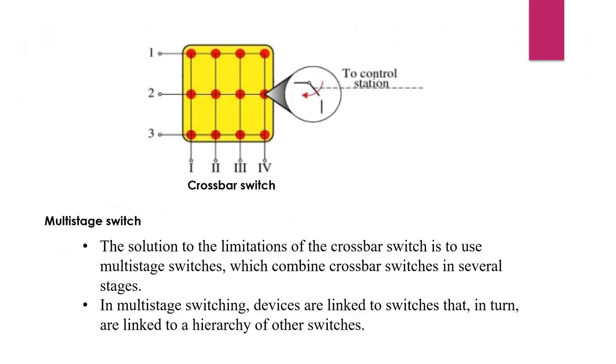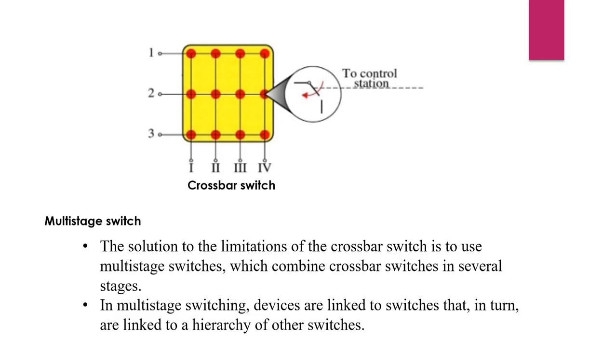So that is the diagram for the crossbar switch. As per the diagram, we are using three switches on the left-hand side and four switches on the bottom side. To connect from the left-hand side to the bottom side, 3 to 4 means we need 3 fours, 12 crossbar switches, to connect both sides of the devices.